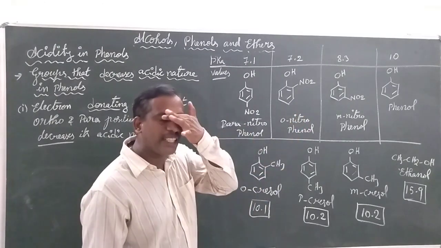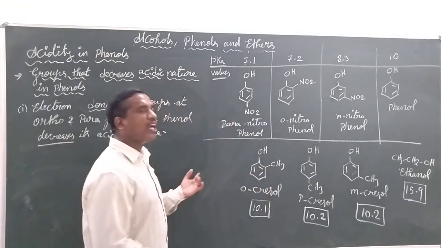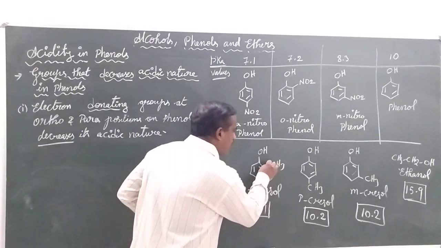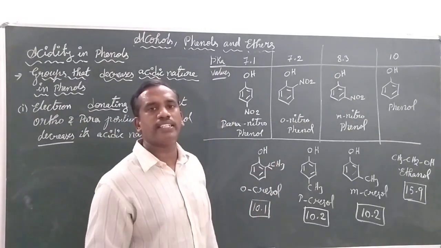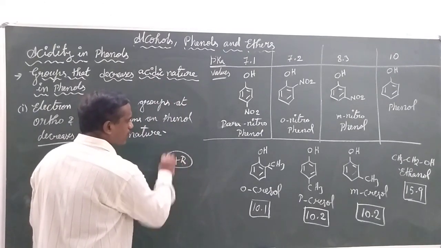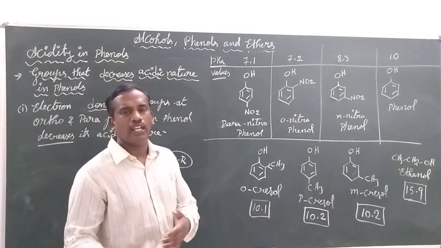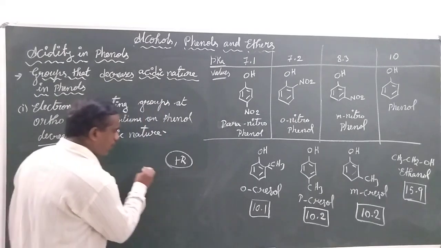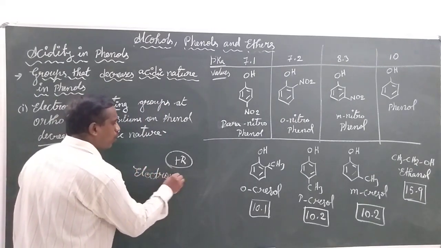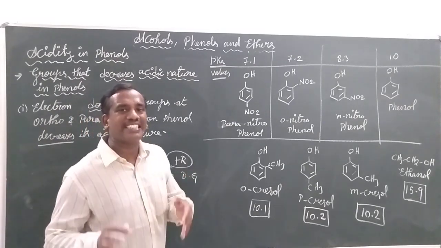But the present topic is, when electron donating groups are present, what happens to the pKa value? We know the methyl group when present on benzene shows plus R effect. Which effect is it showing? Plus R effect, positive resonating effect, because it is an electron donating group.